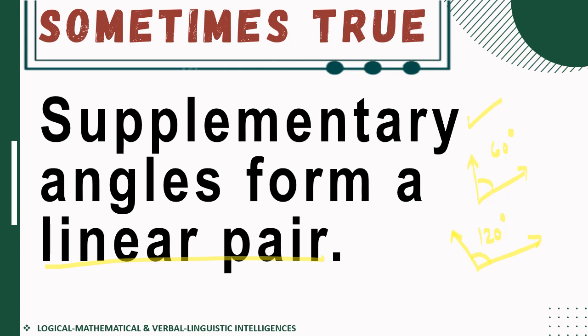So in this illustration, where we have 60 degrees here and 120 degrees here, it is a linear pair. But if we consider these two, they are not a linear pair. That is why it is sometimes true only.